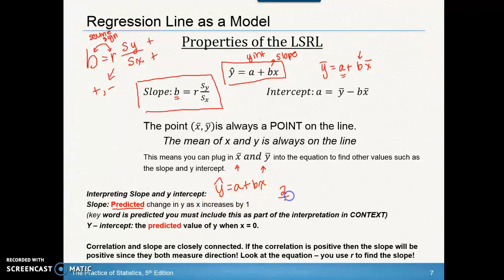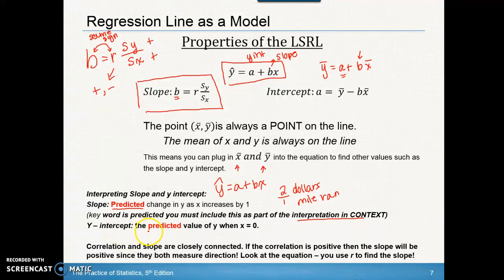Let's say we had a slope of 2 over 1, and let's say that this was $2 for every mile you ran. Maybe you're running for money. You would say that for every 1 mile that you ran, the predicted amount of money would go up by $2. So just be careful that you're using that word predicted. You must include that as part of the interpretation in context.